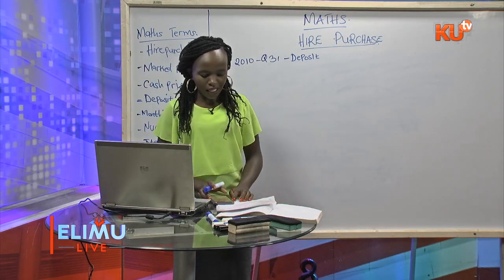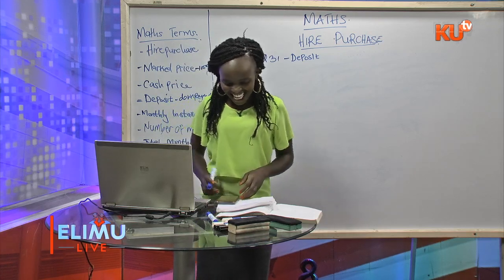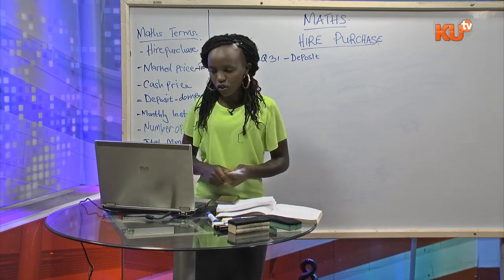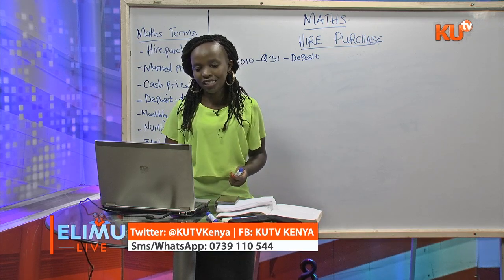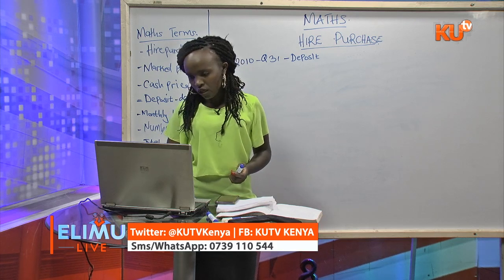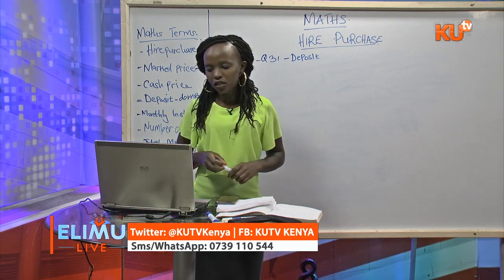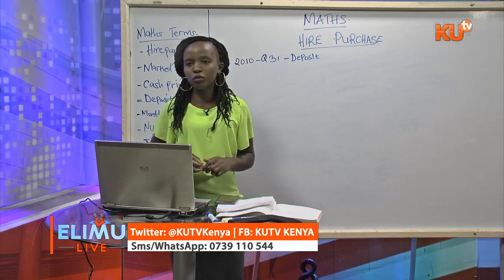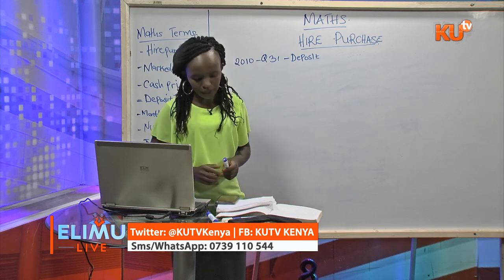So in 2020, we are predicting that we'll still get a question on hire purchase, in which, because we're going to be ready, we'll be able to calculate, and it will just be a walkover when we come to that question. So let us now look at some examples. We see how to handle some questions related to hire purchase.